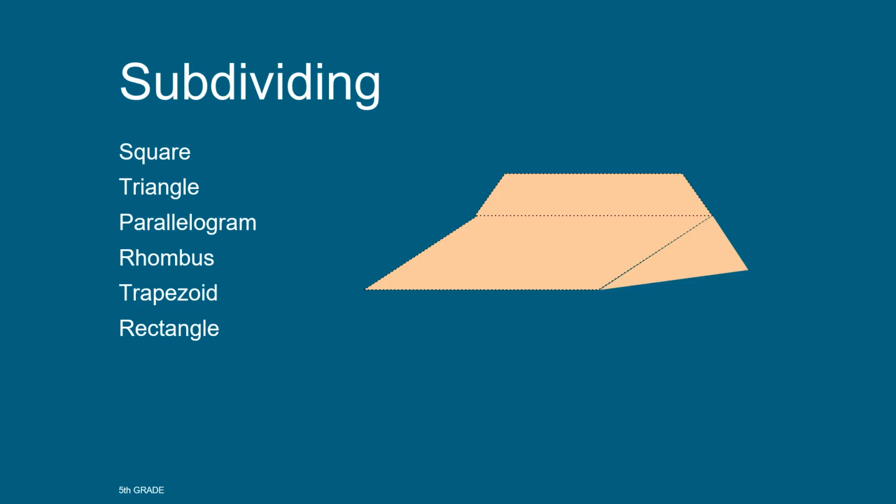If the figure above is cut along the dashed line segments, what shapes will result after both cuts are made? Again, use the word bank to describe the 3 shapes that will result after the 2 cuts.